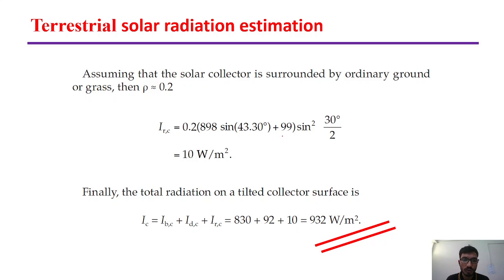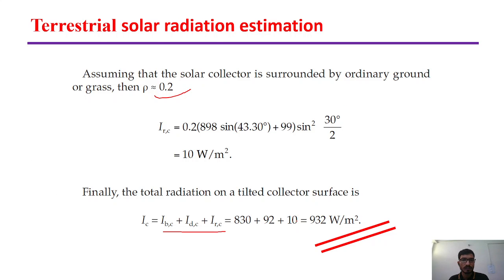IBN and IDH we know, the value for rho is given as 0.2, and based on this IRC will be 10 watt per meter square. Finally, the total radiation over a tilted collector surface will be the summation of IBC, IDC and IRC, that is 932 watt per meter square.